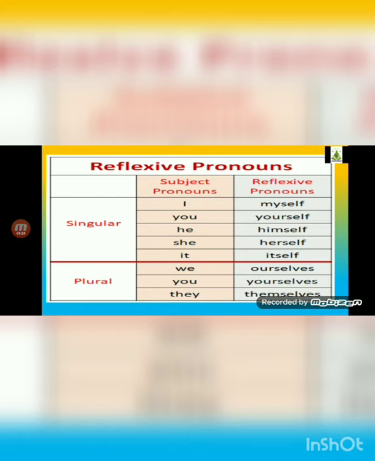Okay, children. Now, let's look at how we have to use when it is in the singular form or in the plural form. Now, whenever we are using it in the singular form, I, the reflexive pronoun will be myself, you, yourself, he, himself, she, herself, it, itself.